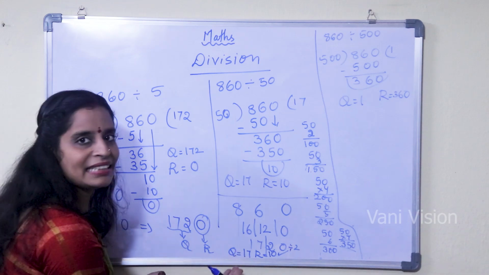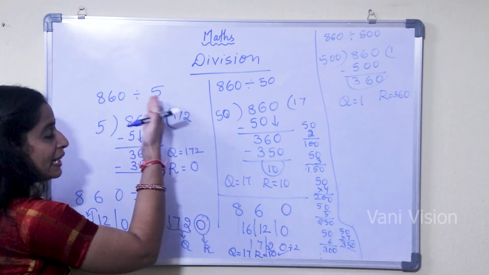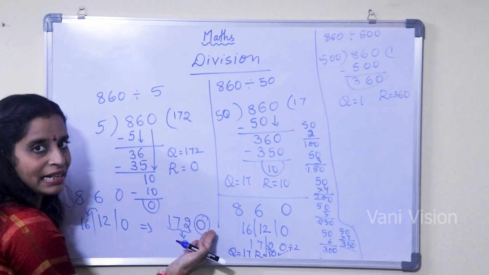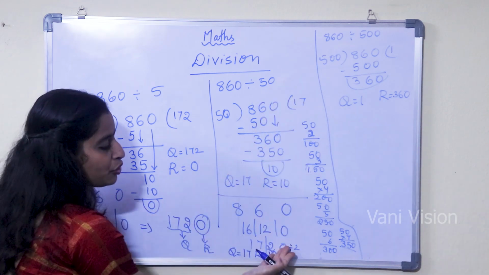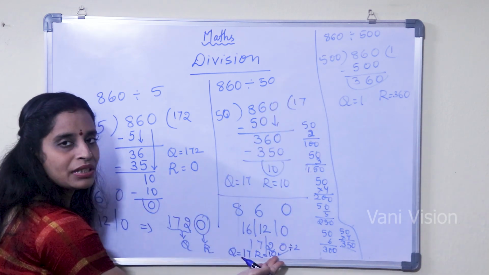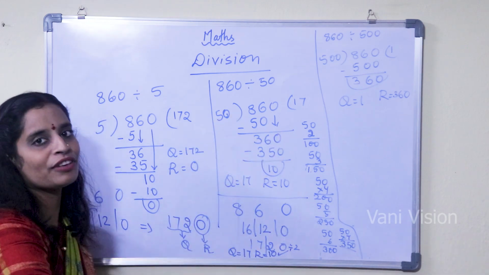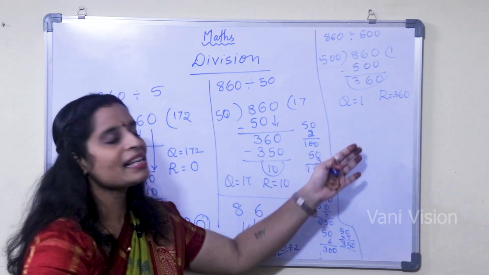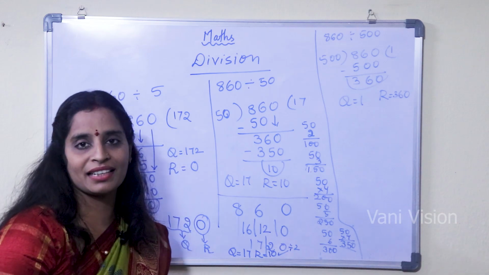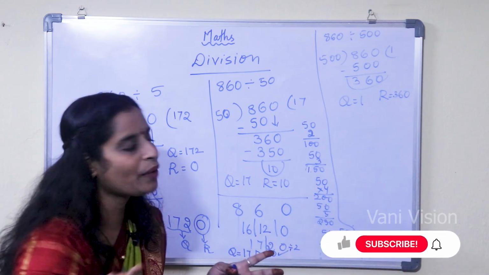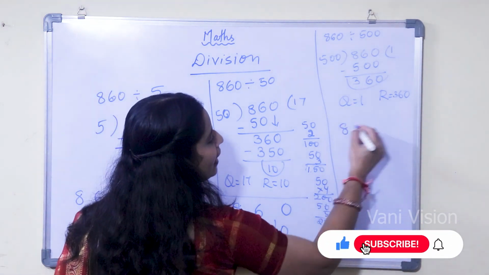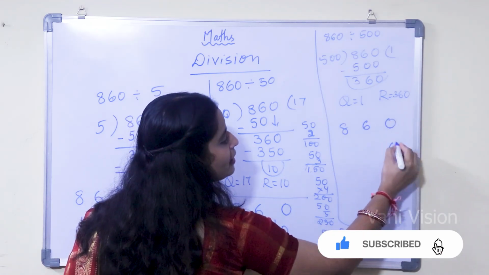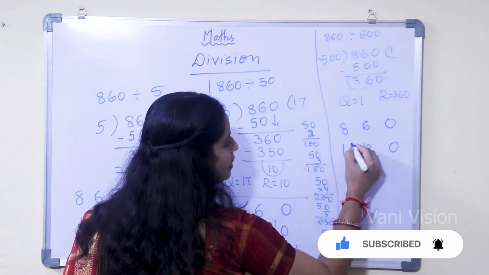Have I used any tables over here? No. For 1 digit, you have to choose the last 1 digit. For 2 digits, we have to choose the last 2 digits. And then we'll go for our last number, that is 860 divided by 500, in an easy way. Clear? 8, 6, 0. 0, 12, 16.